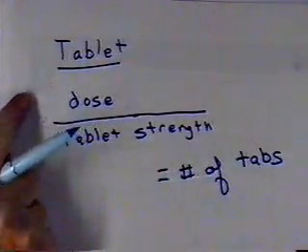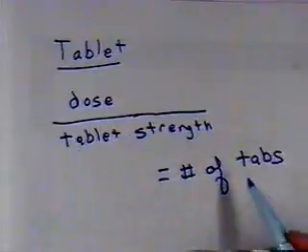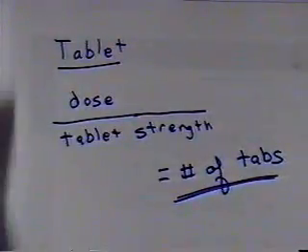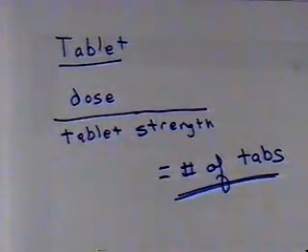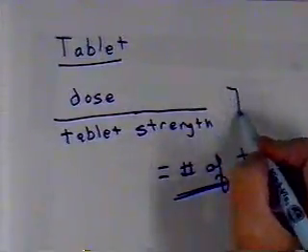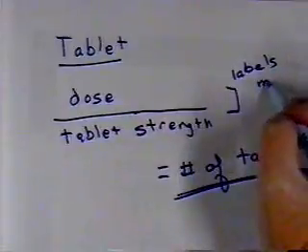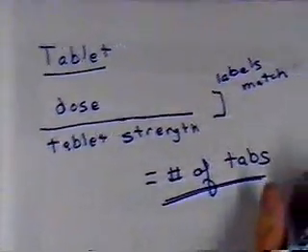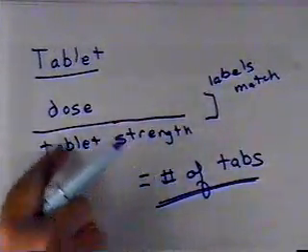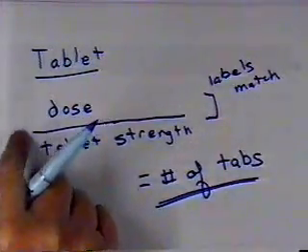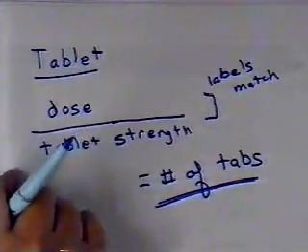Whether it was milligrams or grams, once we divide, our answer is now going to be 2 tablets or 4 tablets. Our answer will now be in tablets. So we take the dose divided by the tablet strength, but we do have to make sure that the labels match. We have to have the same label, whether it's milligrams over milligrams or grams over grams. It doesn't matter as long as we have the same label.